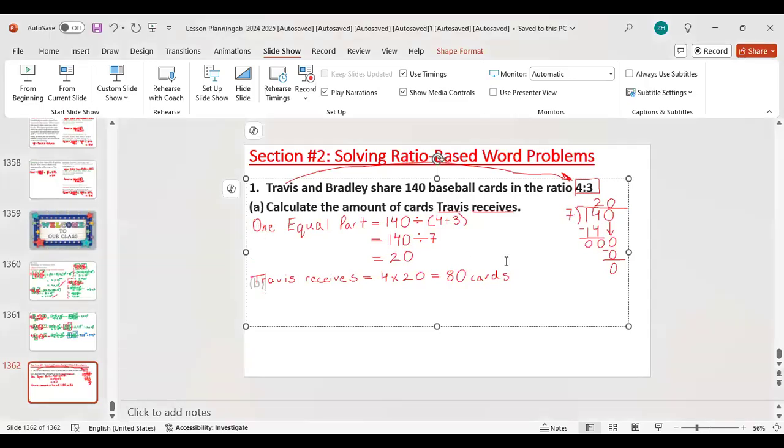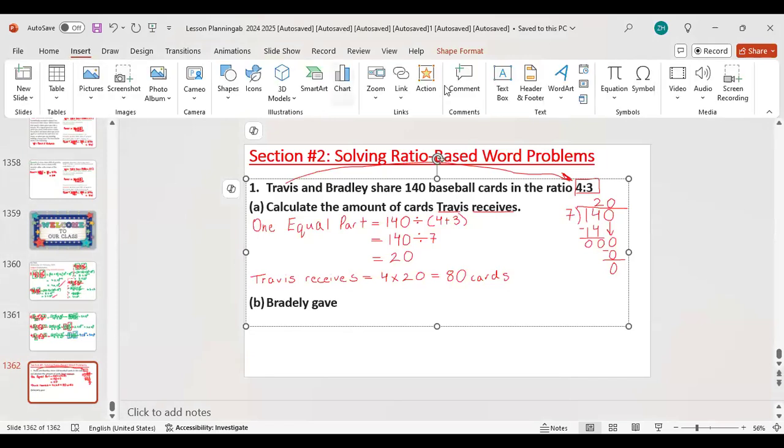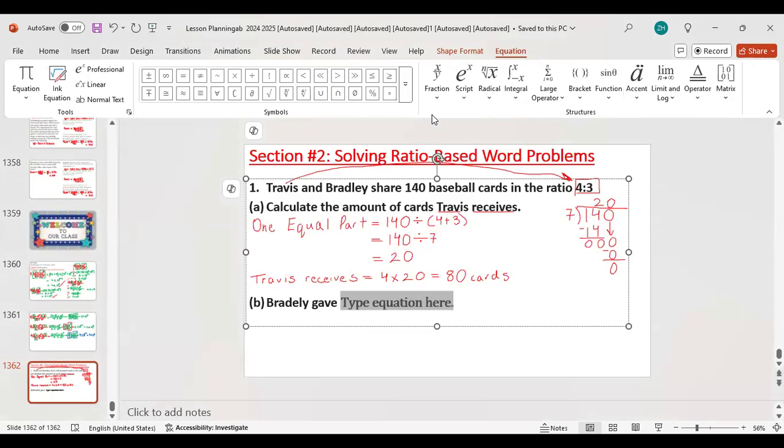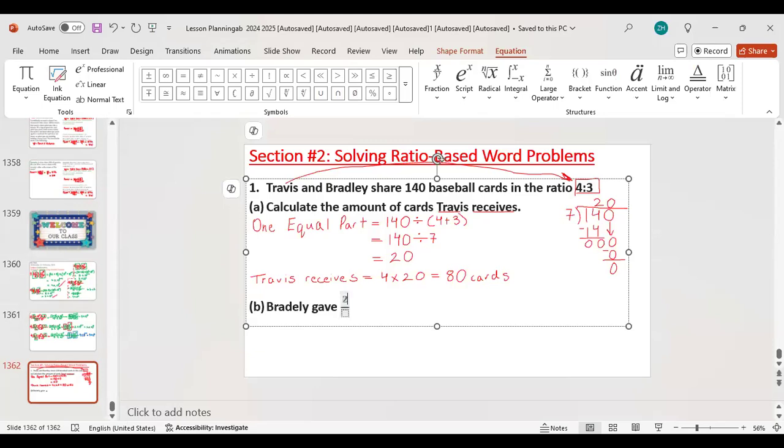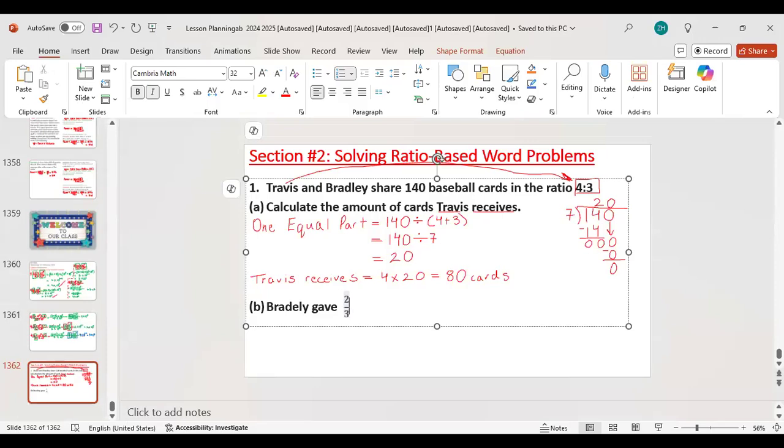So part B says that we want to calculate. Bradley has 60 cards.